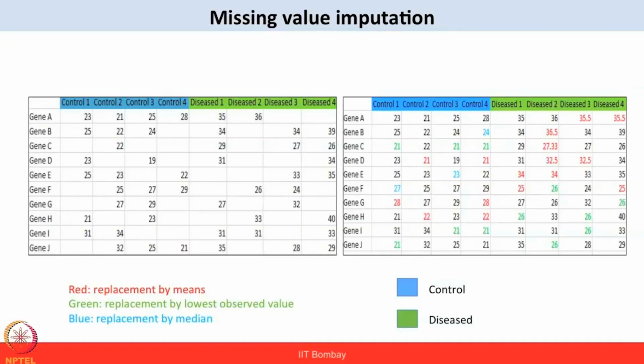In green color, as you can see, for the control samples the lowest observed value is 21 for all the genes. So we can ideally substitute the value 21 in all the missing places with this imputation procedure. So you got a general summary of what missing values are and how they can be imputed.